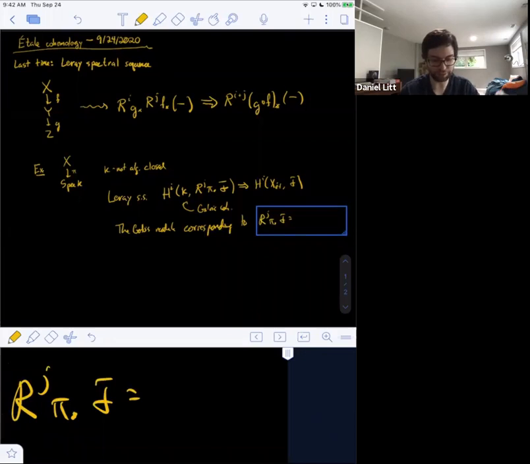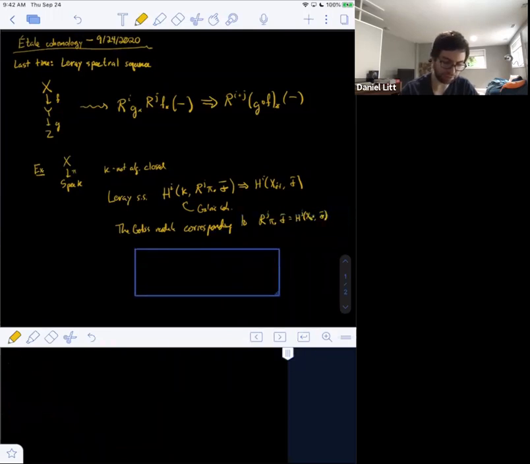It's the direct limit of all the cohomology of X_k', where k' is a subfield of k sep containing k, but that's just the same, and you should check this, as H^j of X_{k sep} with coefficients in F.